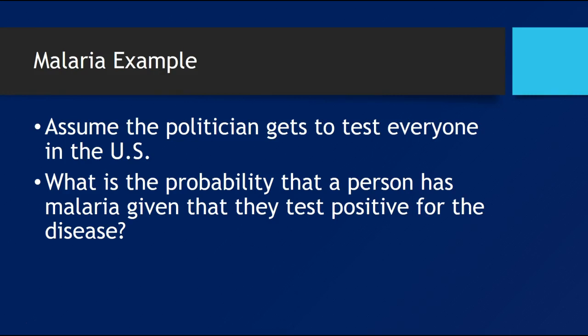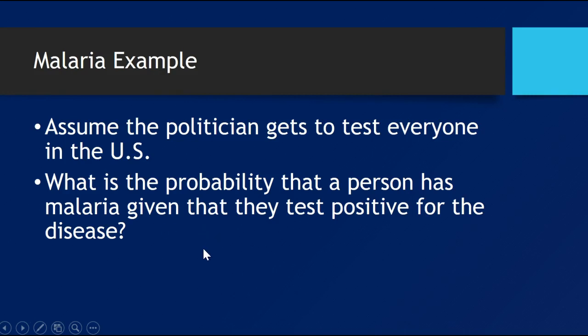So we can ask, if we test everybody in the United States, what's the probability that a person has malaria, given that they tested positive for it? Now I know what the gut feeling is: we just saw that the test is 98% accurate. But that 98% is not answering this question.